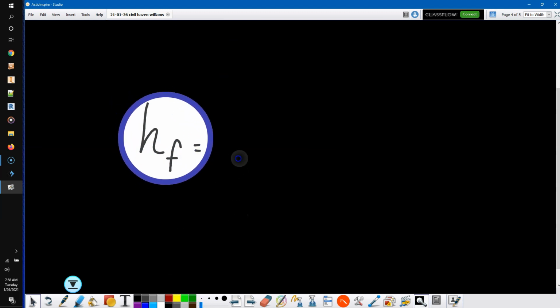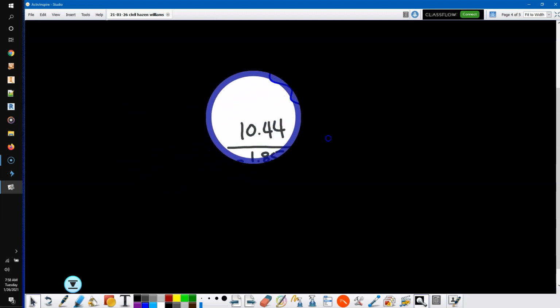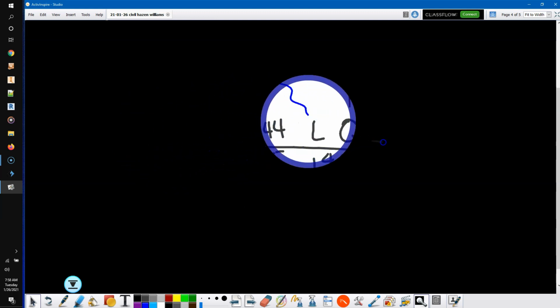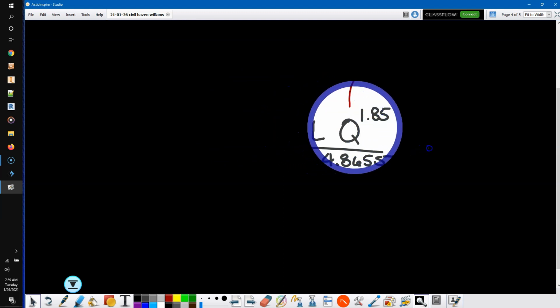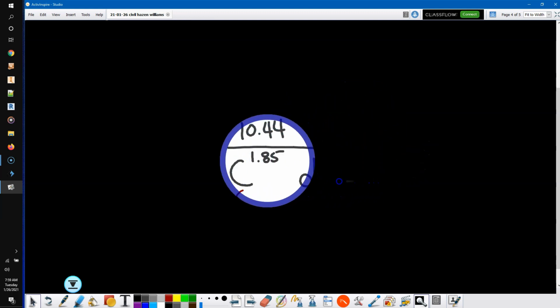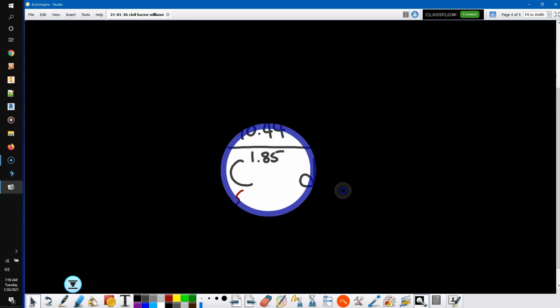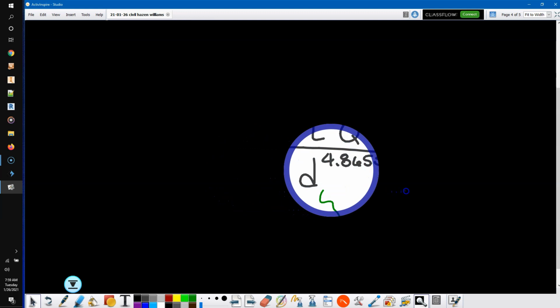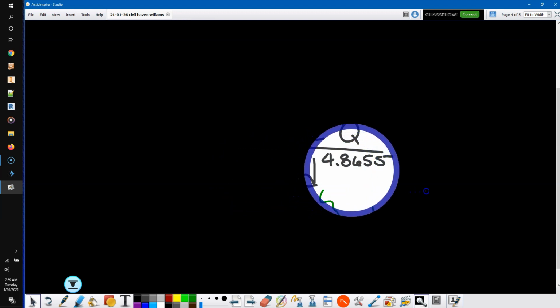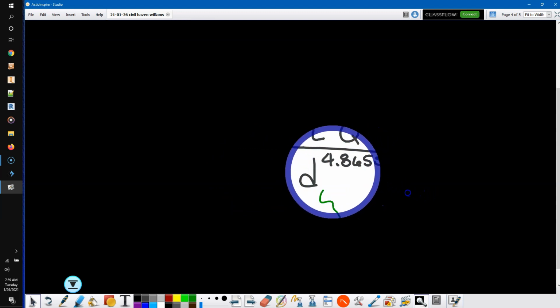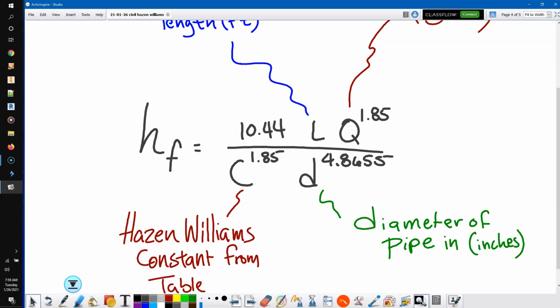The friction loss is equal to 10.4 times the length of pipe times the flow rate of water raised to the 1.85 power, divided by the product of the Hazen-Williams constant raised to the 1.85 power times the diameter of the pipe raised to the 4.8655 power.